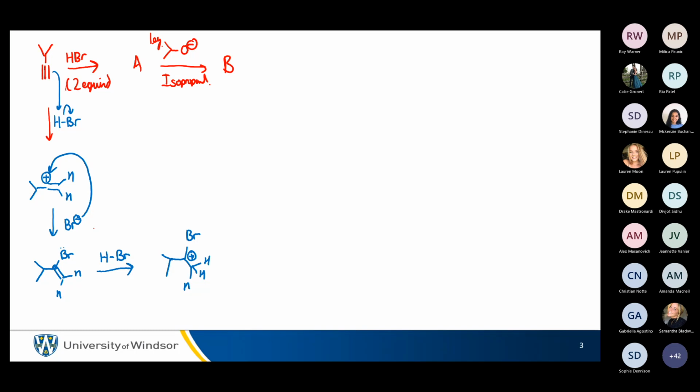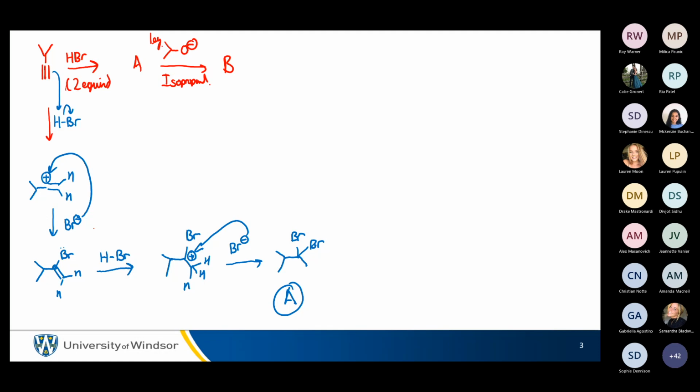And that's going to react with the Br minus to stick two Brs on there. No further reaction can occur. We've basically saturated all the double bonds with HBr.